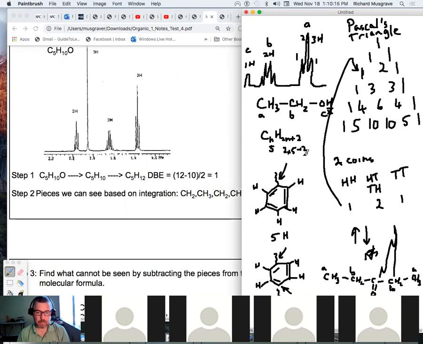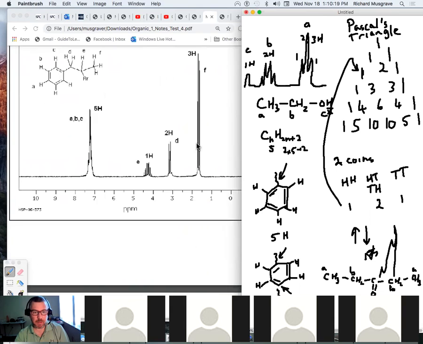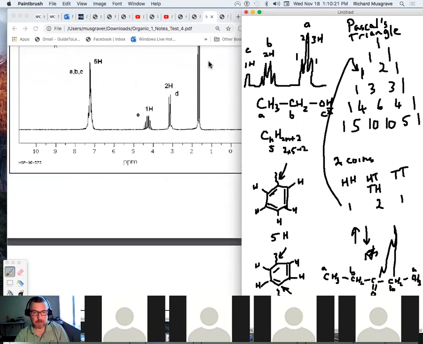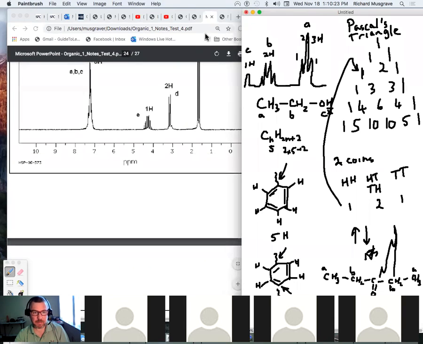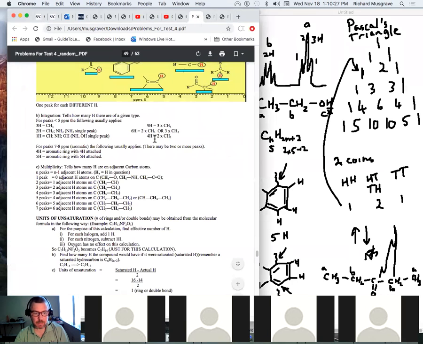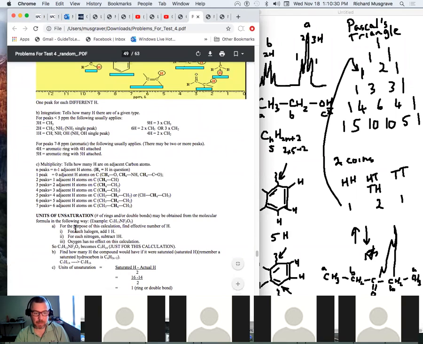Where's that formula at? Is it in the PowerPoint? Let's go take a look. Hang on, let me get past Zoom here for a second. It's down the bottom here, Philip. This is on the sheet that you're actually given, units of unsaturation, and it gives you directions.